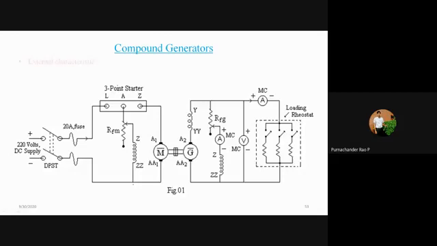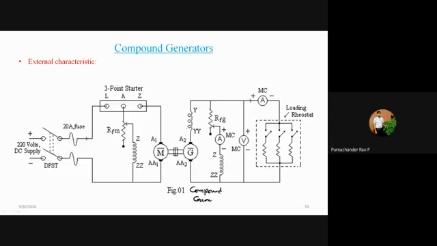this is the experimental setup for conducting the load characteristics or external characteristics of a compound generator. This compound generator has a series field winding and a shunt field winding.